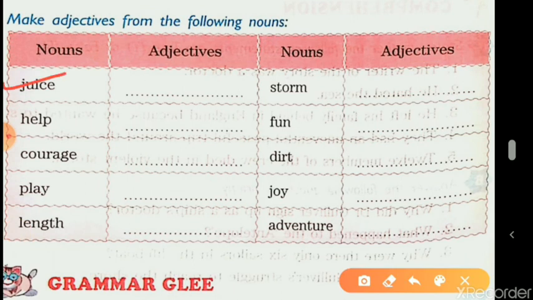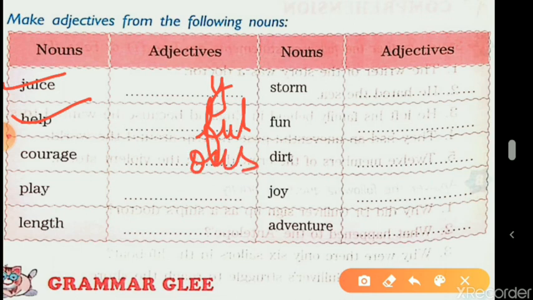Help, helpful. We had added Y at the end. In help, we had added F-U-L, help, helpful. In the word courage, we had added O-U-S at the end. Courage, courageous. Play, playful. We need to add F-U-L at the end. Length, lengthy. We need to add Y at the end.